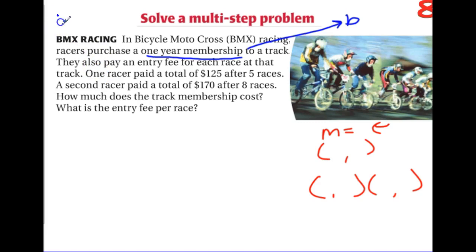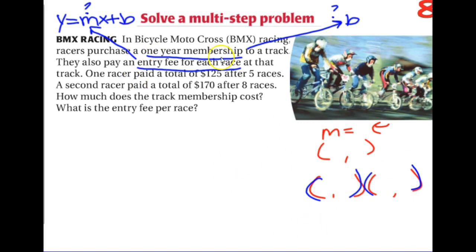Reminder, because we're trying to get to the equation y equals mx plus b. They also pay an entry fee for each race at the track. So entry fee for each race, that's something you have to pay multiple times. That's probably M. Each time you race, you have to pay that. So we don't know what M is, and we don't know what B is. So they're probably going to give us a couple points where we can find M and we could find B.